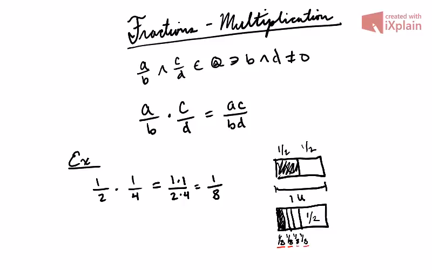Well, 4/8 is the same thing as 1/2. So I took that 1/2 and I divided it up into 4 pieces by multiplying it by a fraction. Okay, remember, multiplying by a fraction is the same thing as a division by 4.